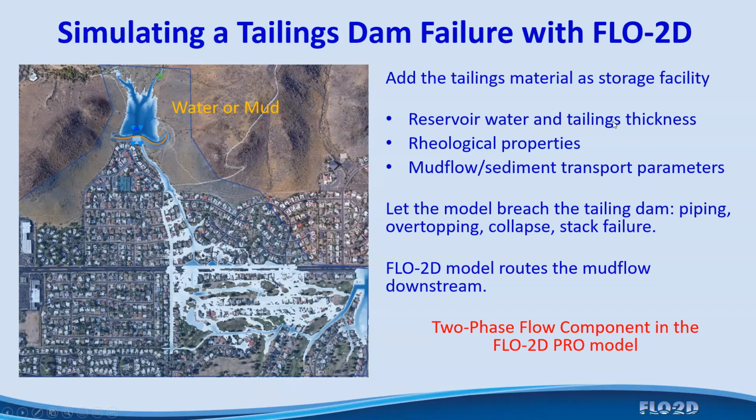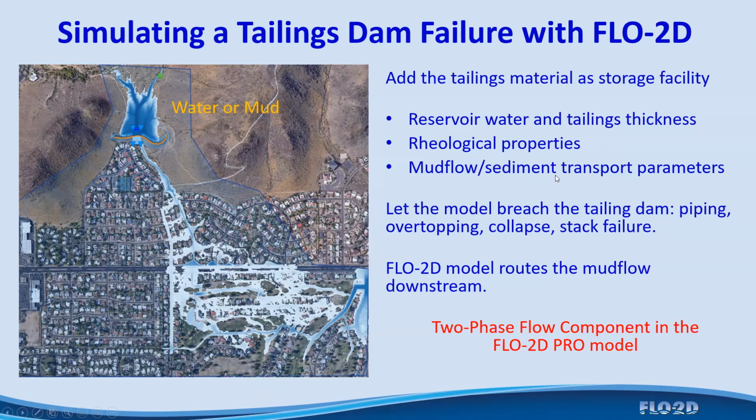If the tailings thickness is well known and is variable in space, you will need to enter one tailings thickness per each cell, and you will also need to enter some rheological properties and mud flow sediment transport parameters.